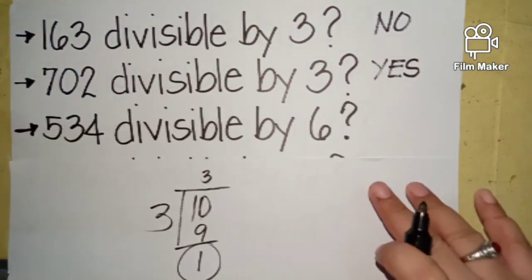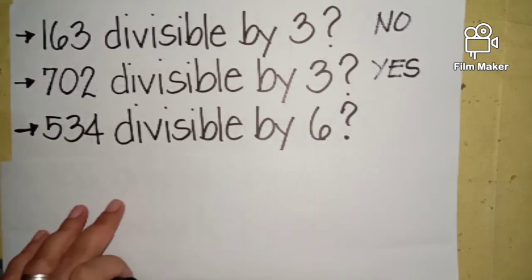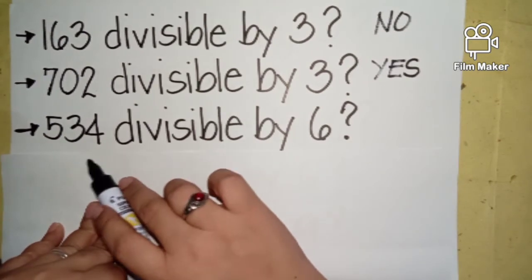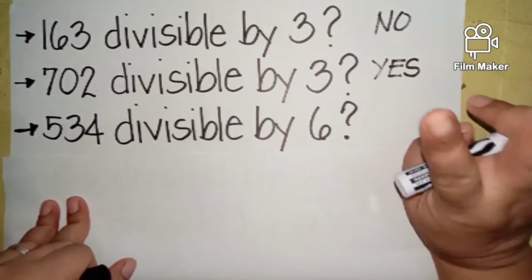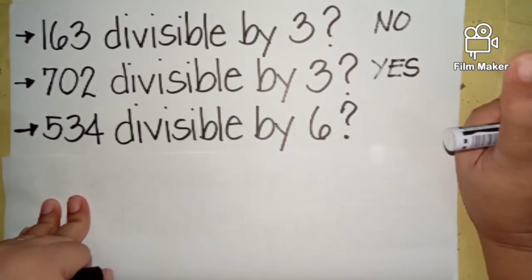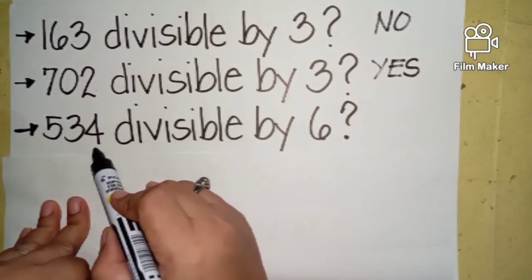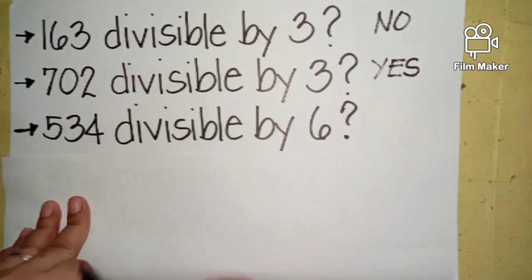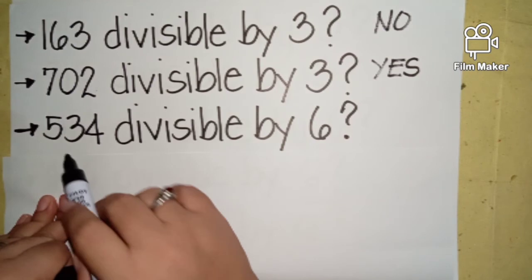Okay, another example is 534. Is 534 divisible by 6? Okay, sa 6, diba, dalawa yung titingnan natin kung siya ba ay divisible by 2 and 3. So, 534 ends with an even number. So, therefore, divisible by 2. Okay, let's find out if divisible by 3 ba siya. So, let's add. 5 plus 3 is 8.